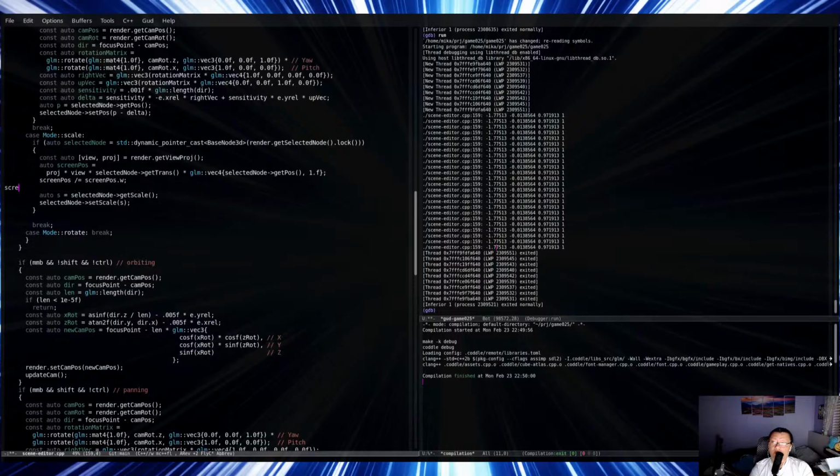And then screen pause time equals... divide by 4. So for some reason I have to divide by 4. That's kind of strange, but anyways, UI W by 4, UI H by 4.